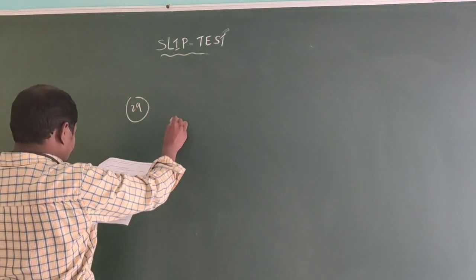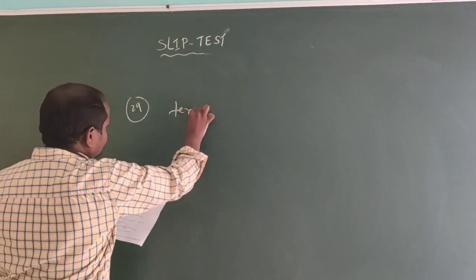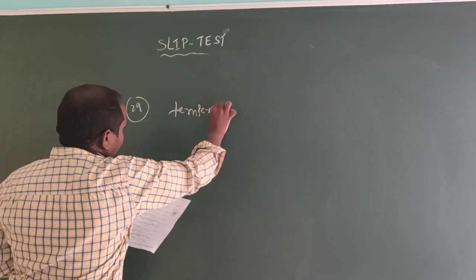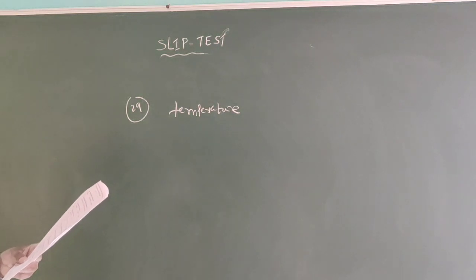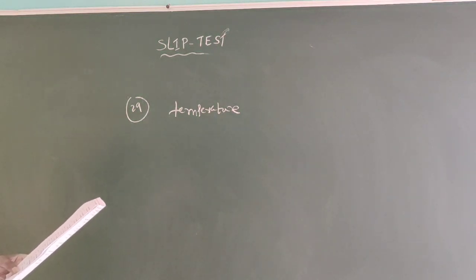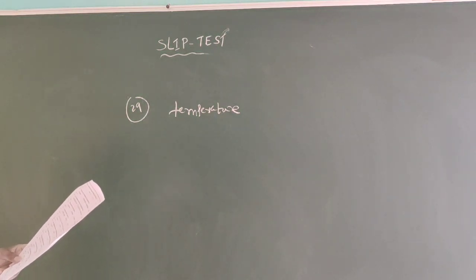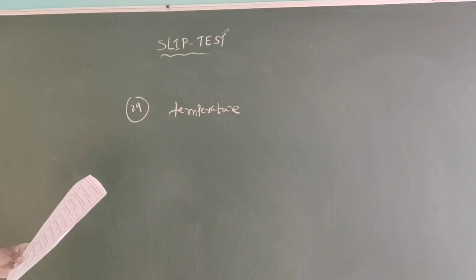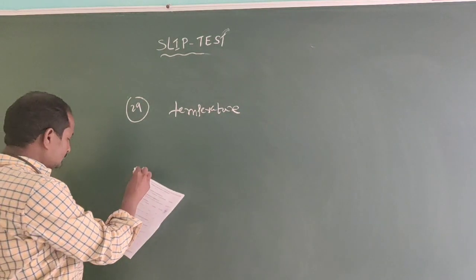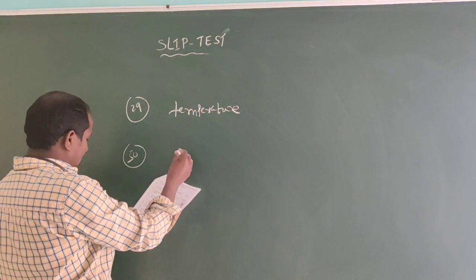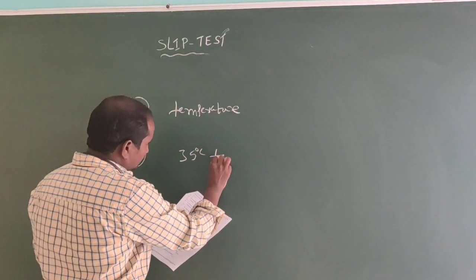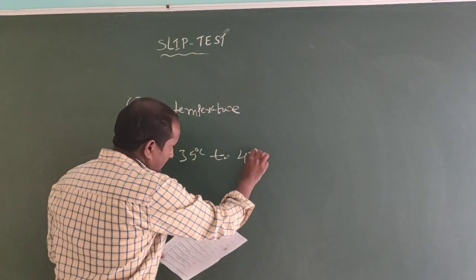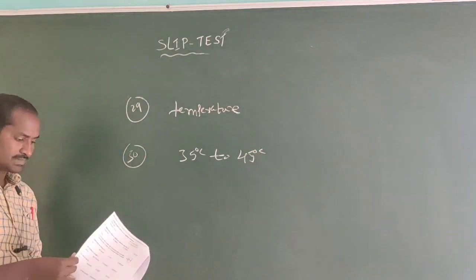29th one, temperature in Celsius, the clinical thermometer range is from 35 to 45 degrees Celsius.